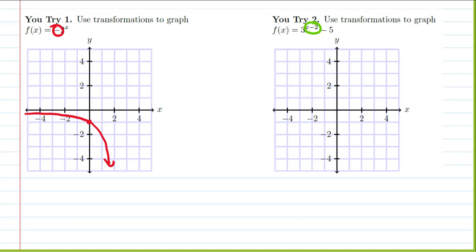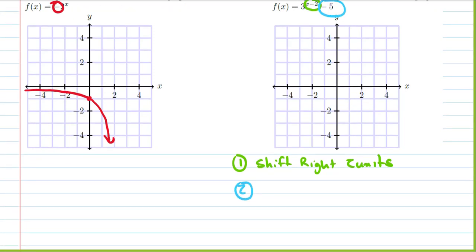We have the x minus 2 on the inside, so that's going to shift right 2 units. And then we have the minus 5 on the outside, and that's going to shift down 5 units.